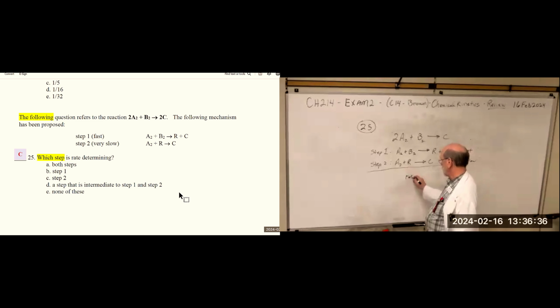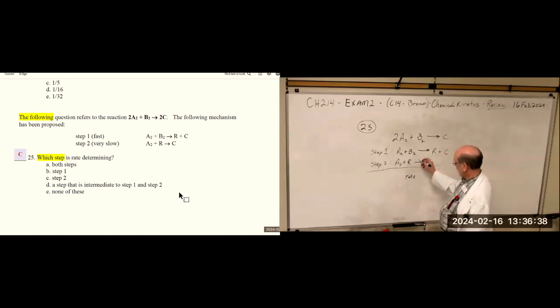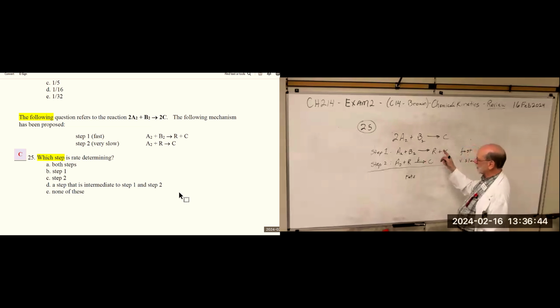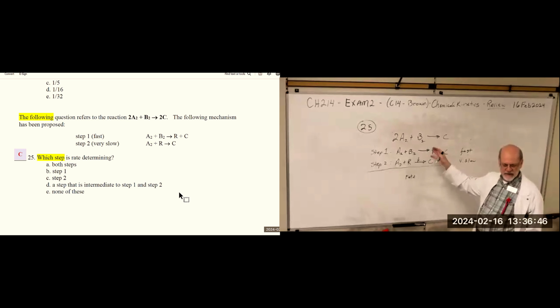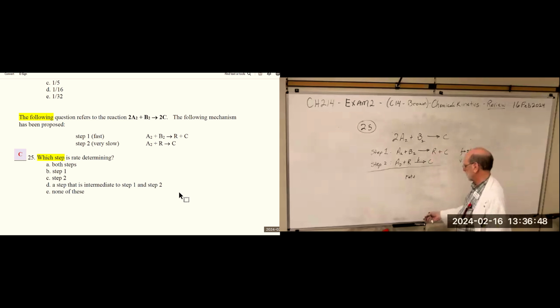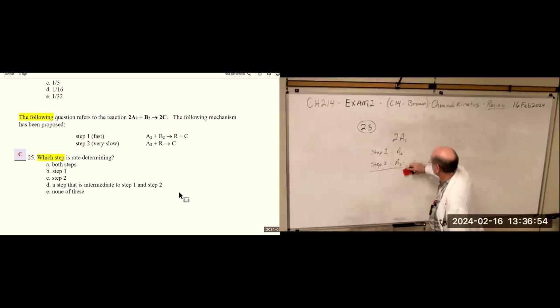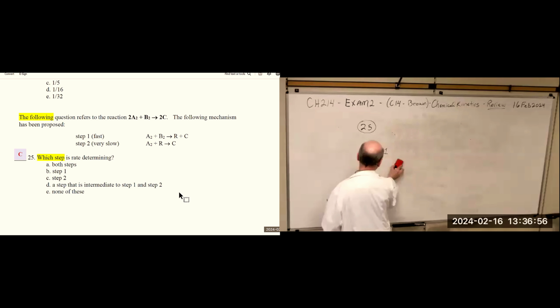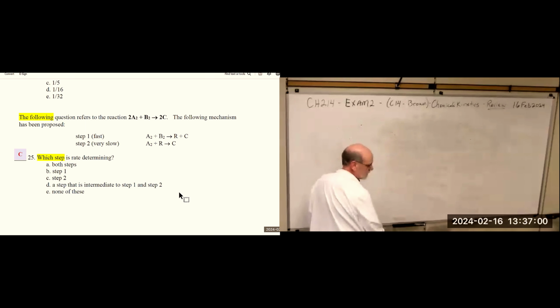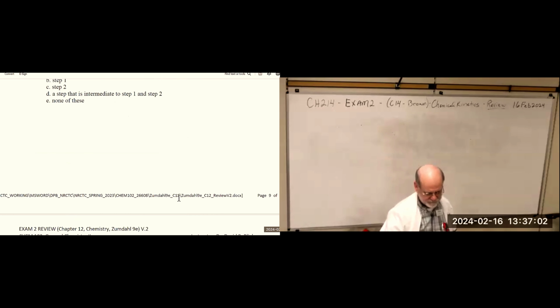This would be, say, K1. Well, this would be more difficult because this is not given as a fast equilibrium. So let's not mess with that. I'll just get bogged down in details for that one.